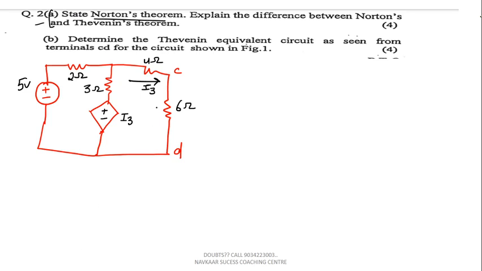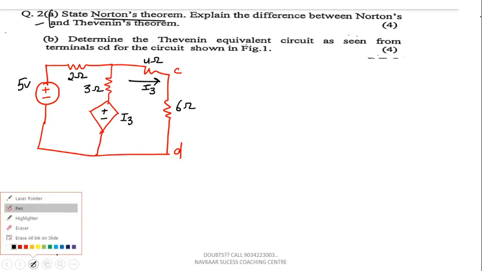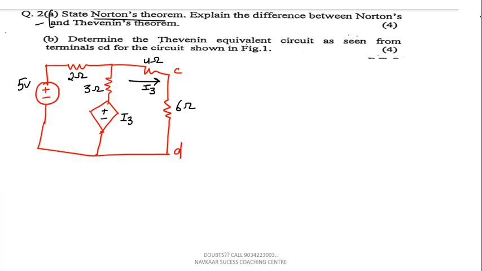I'm solving the numerical here. In this numerical, they said determine the Thevenin equivalent. For the Thevenin equivalent, we need to calculate the value of VTH and the value of RTH, as seen from this terminal. Can you tell me which source it is? In this they have given positive and negative signs, it means it is a voltage source.